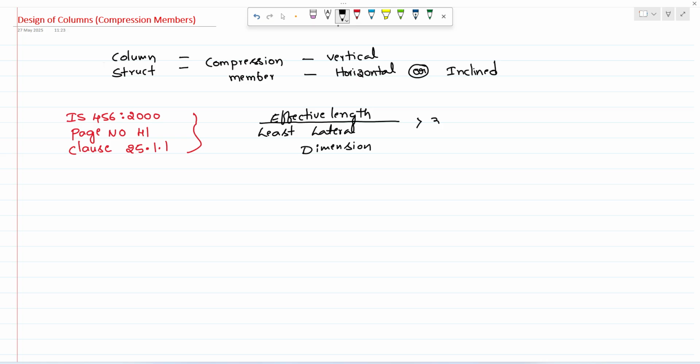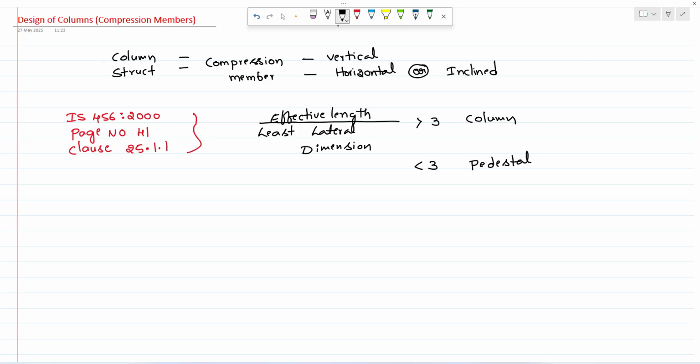If this ratio is greater than 3, then it is treated as column. If this ratio is less than 3, then it is pedestal.